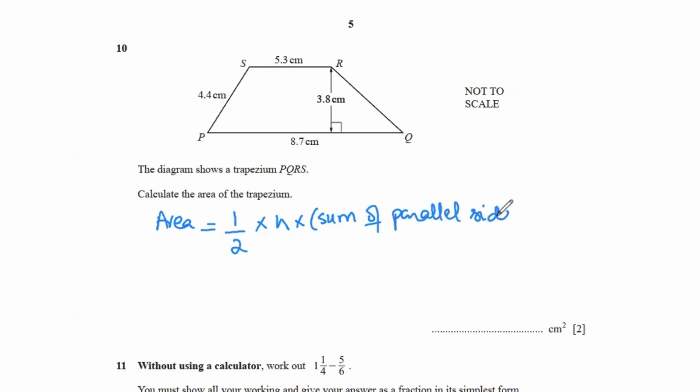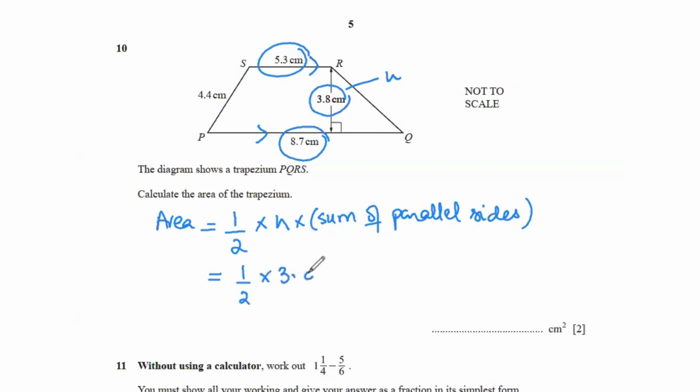So now over here, 3.8 is our height, and these two are our parallel sides. Parallel lines are those lines which never intersect. So that's SR and PQ. So it's going to be 1 over 2 times 3.8 times 5.3 plus 8.7.